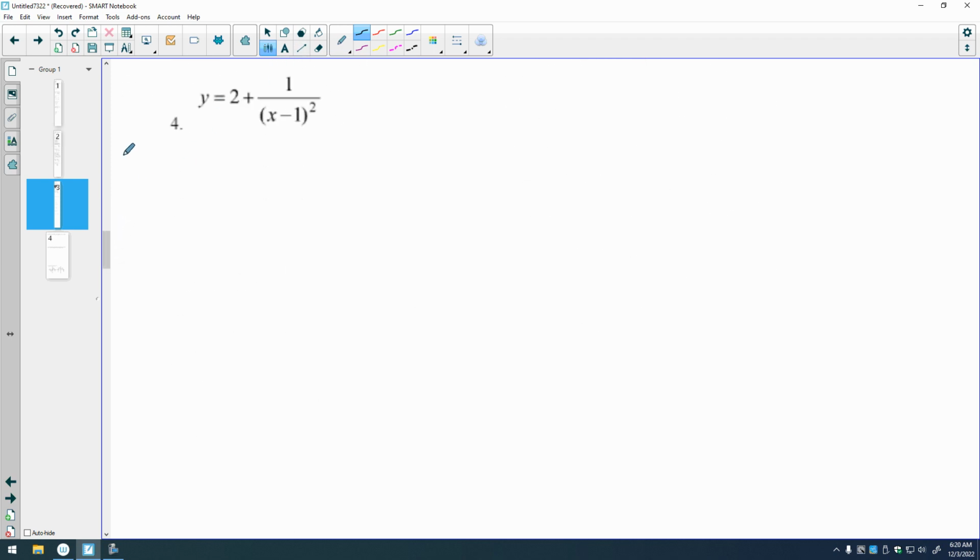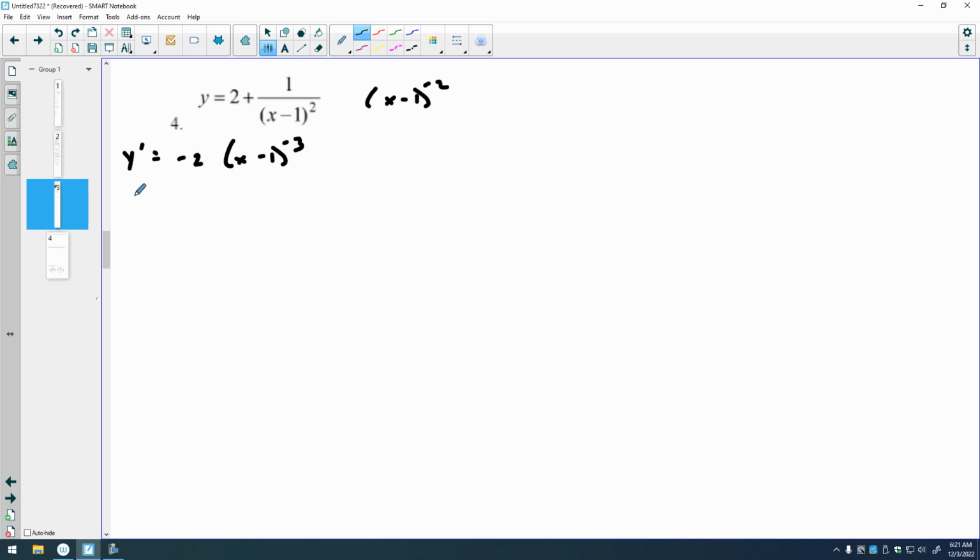Same process. Y prime. Derivative of 2 is 0. I'm going to treat this as x minus 1 to the -2nd power. So my derivative is going to be -2 times x minus 1 to the -3.